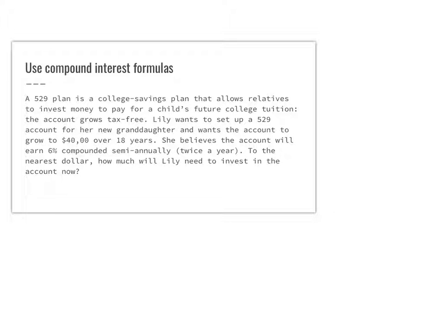So in this case, we know we want to end up with 40,000. We don't know the principal. We're guessing the rate is going to be about 6%. It's compounding twice a year, so it's going to be 2. And in this case, we're looking at 18 years, right? She's starting this account for her granddaughter. So college is going to be an issue in 18 years. So this is the equation we have.